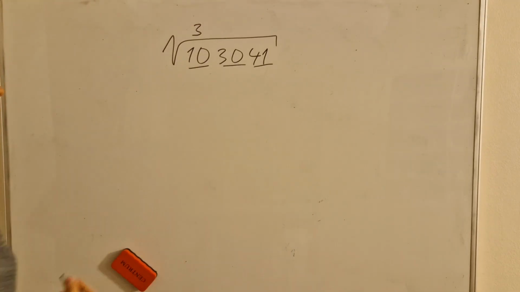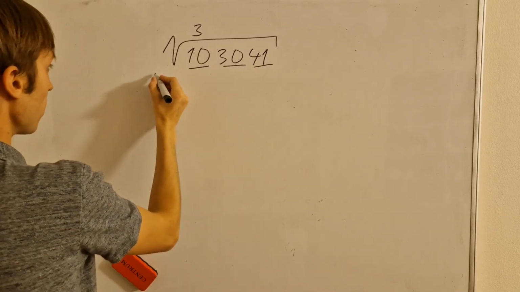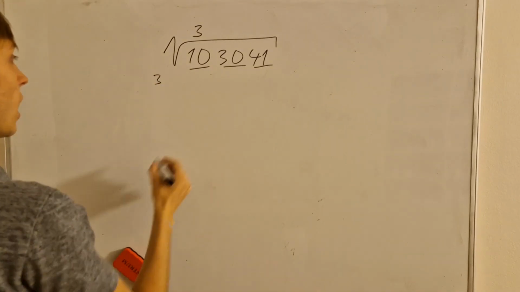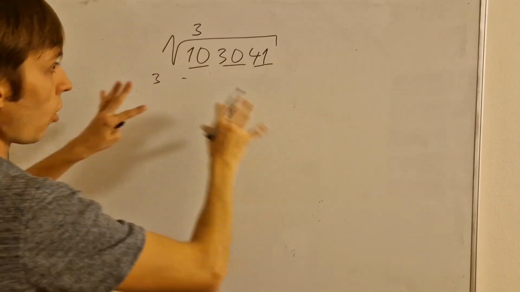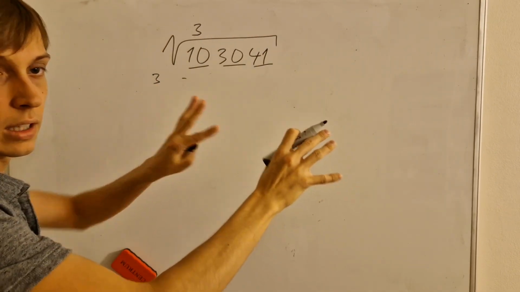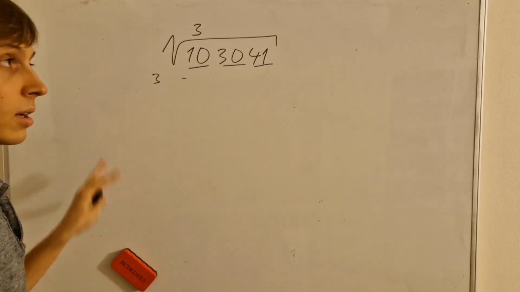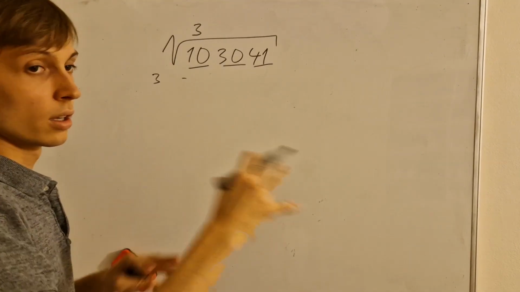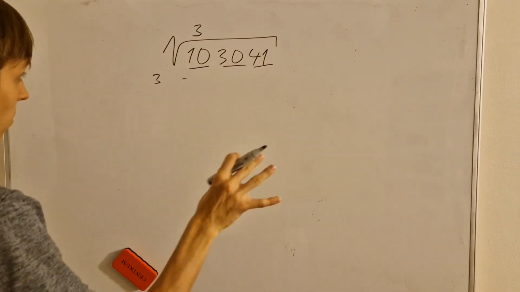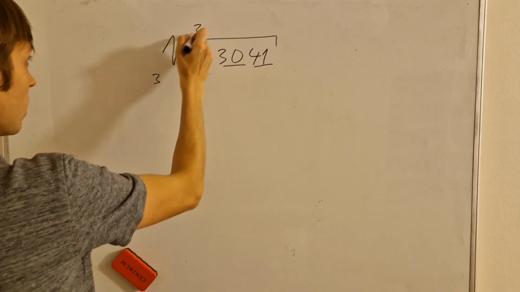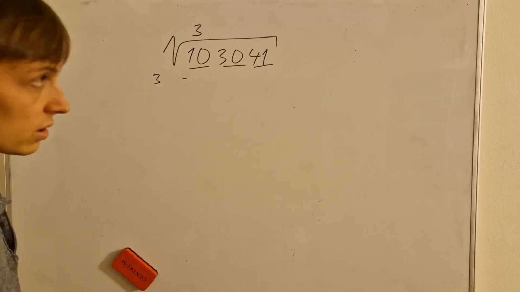Then what we do next, I can write the 3 also here. And I'll also subtract, I'll be using space all around the place. It's not necessarily standardized, but we just have to keep track of the algorithm steps. But the next step is write it right here. This will become the first digit of the result.